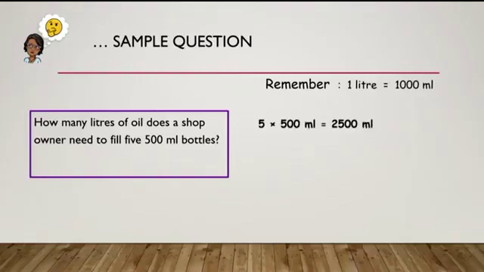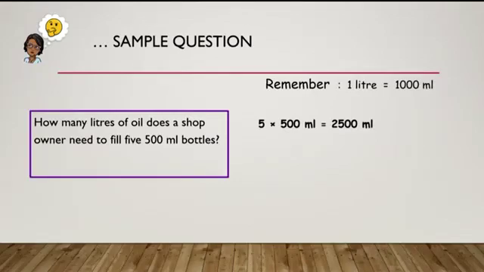So if each one is 5 milliliters and there are 5 of them, then we do our multiplication, or we could do repeat addition. 500, 500, 500, 500, 500, 5 times. And that will give us 2,500 milliliters. But the question asks how many liters.